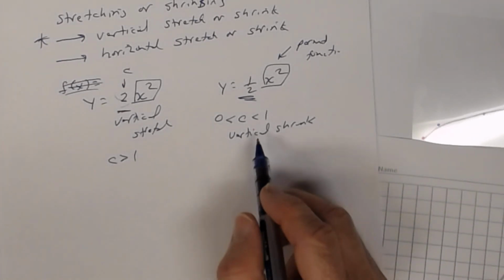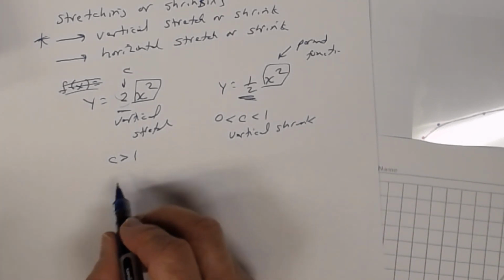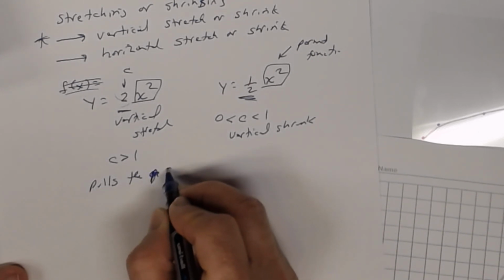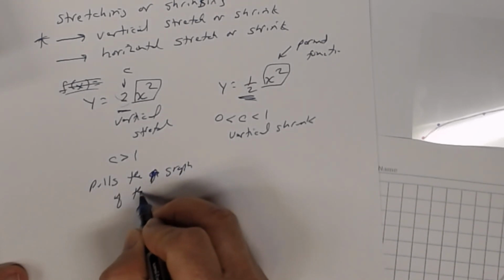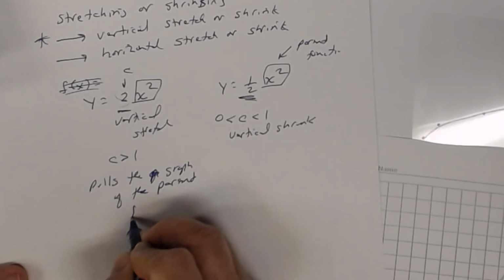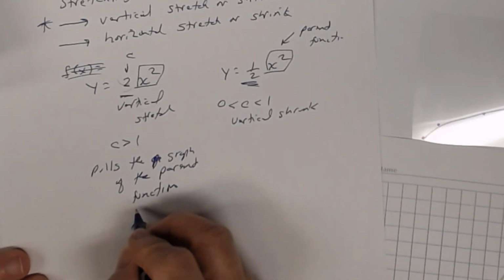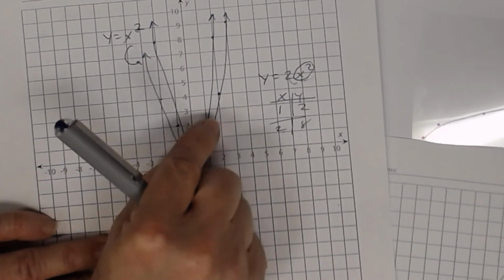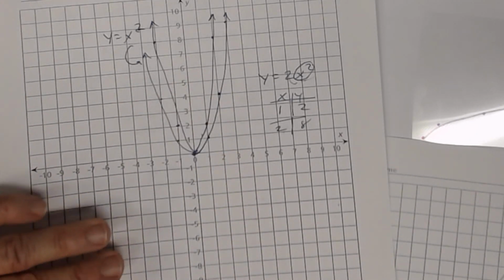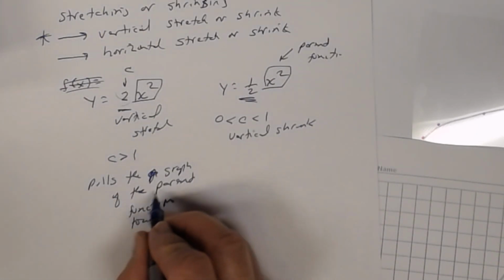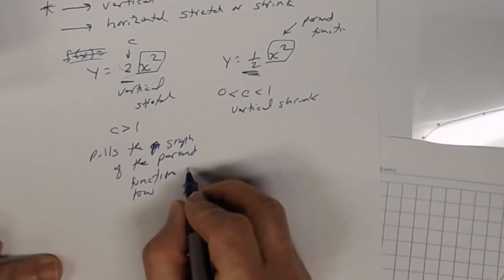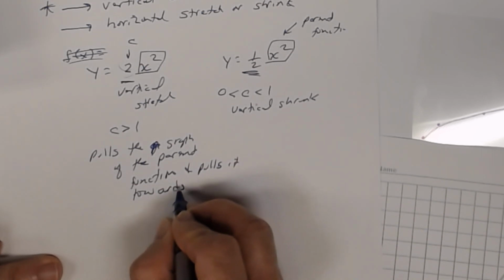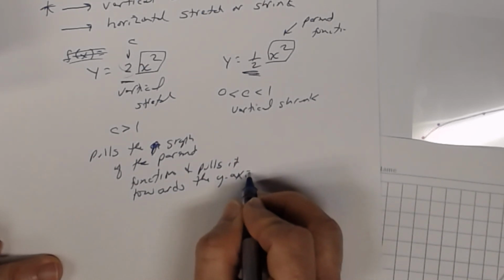All right. So basically what happens is that when you have a vertical stretch, it pulls the graph of the parent function towards, so see what happened? That was a vertical stretch right here. So it takes the graph of the parent function and it pulls it towards the y-axis.